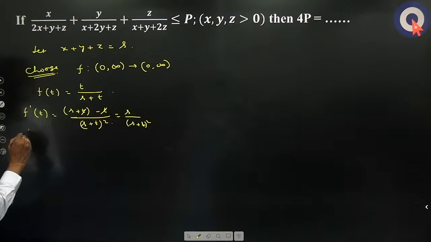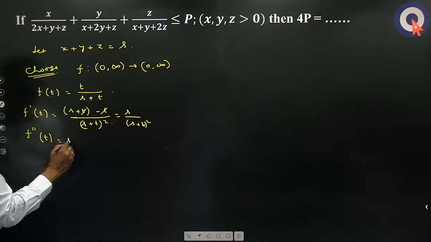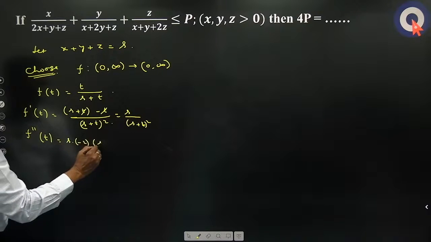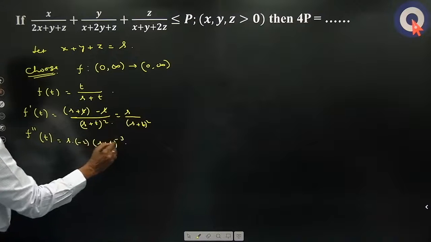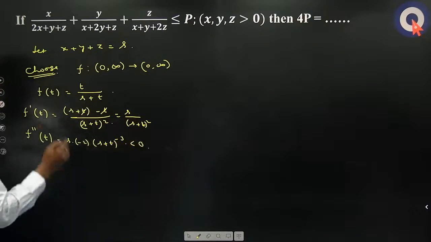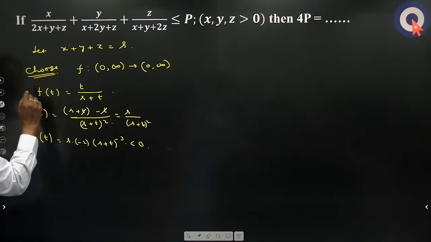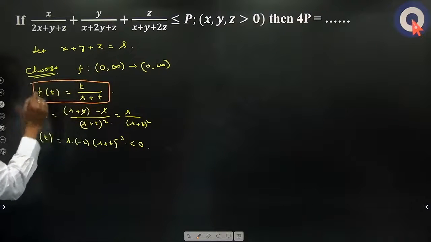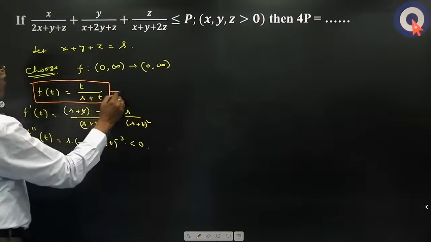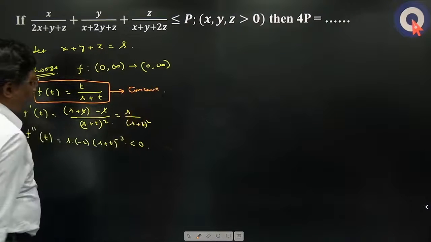So f double dash t is s into minus 2 into s plus t whole power minus 3. You can see it is negative. So f double dash t is negative. Therefore, because the second derivative is negative, the function that I have chosen is concave. The function that you have taken is concave, right?